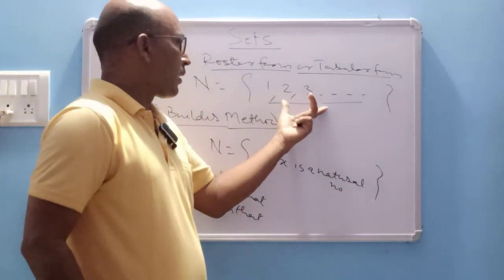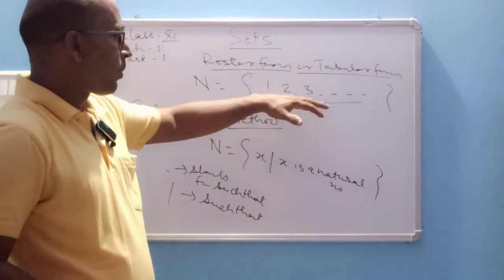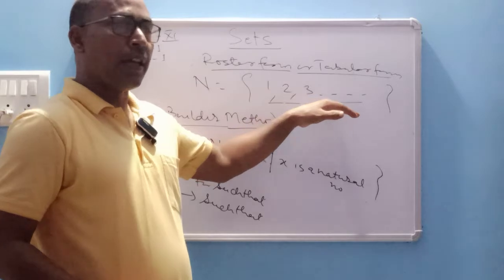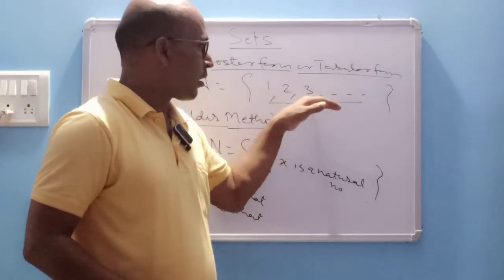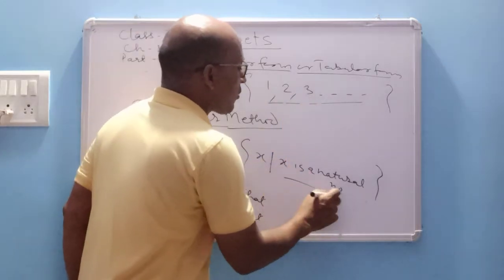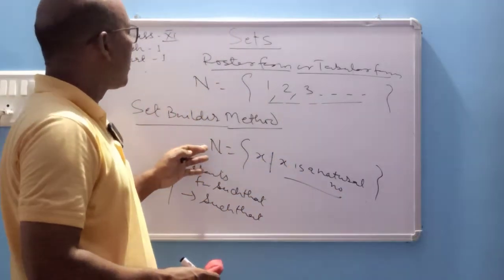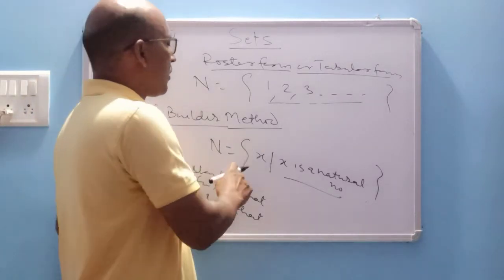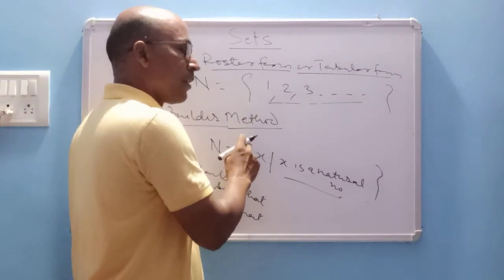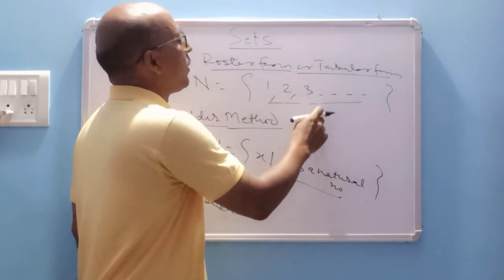So, the common characteristic property possessed by the elements of the set is that the element is a natural number, and using this we write the set as N is equal to the set of all x such that x is a natural number.